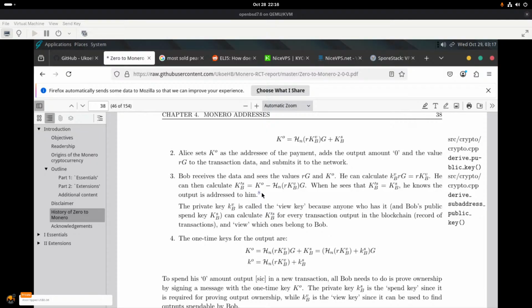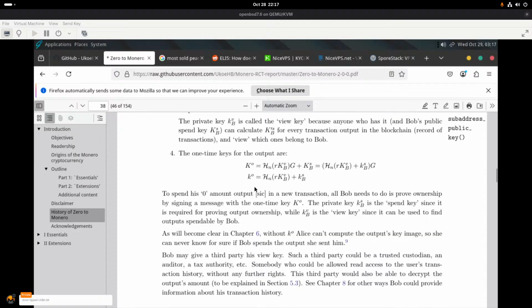The private key is called the view key because anyone who has it, and Bob's public spend key, can calculate K_B for every transaction output on the blockchain, and view which ones belong to Bob.